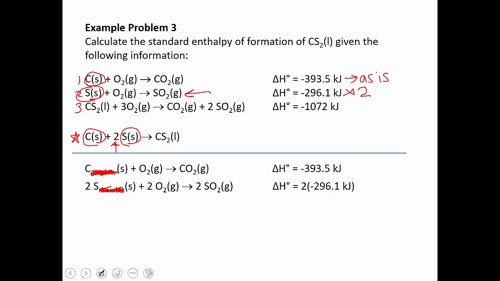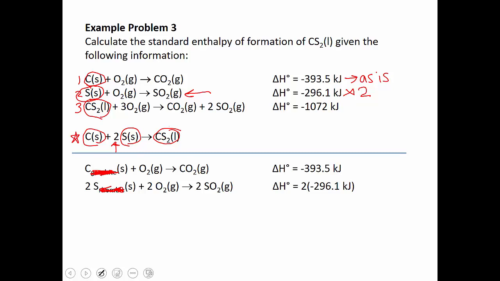Let's look at our third equation. Let's pick a substance that is also in our final reaction. And that's going to be our CS2. So now let's ask ourselves the 2 questions. First, is it on the correct side of the equation? No, we see that in equation 3, it's a reactant. In the final equation, it's a product. So we need to flip this equation.